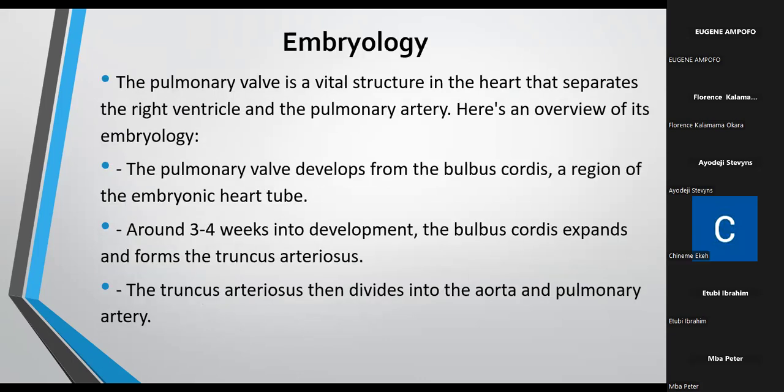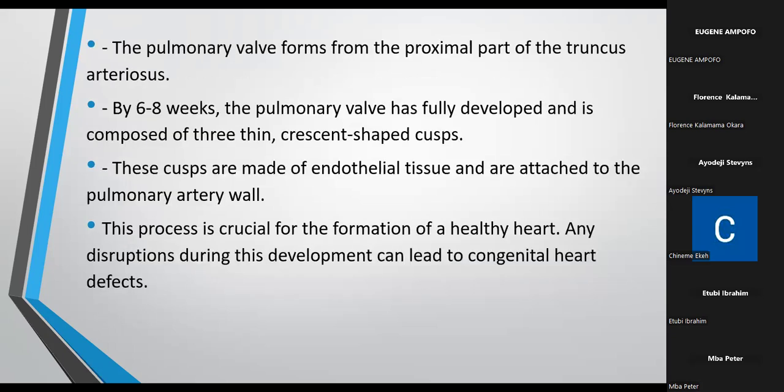In terms of embryology, the pulmonary valve is a vital structure in the heart that separates the right ventricle from the pulmonary artery. It develops from the bulbus cordis, a region of the embryonic heart tube, around 3 to 4 weeks into development. The bulbus cordis expands and forms the truncus arteriosus, which then divides into the aorta and the pulmonary artery.